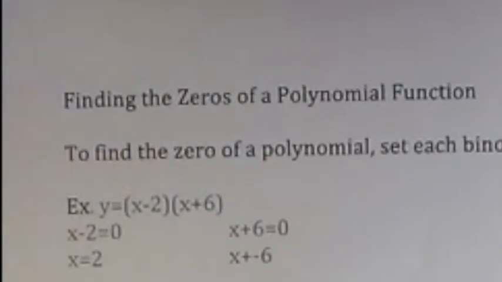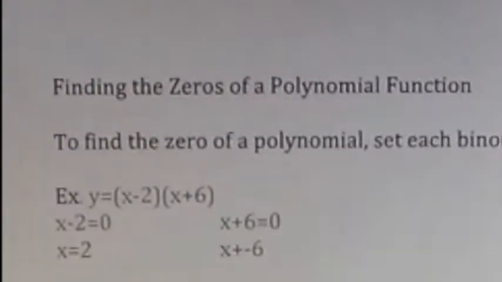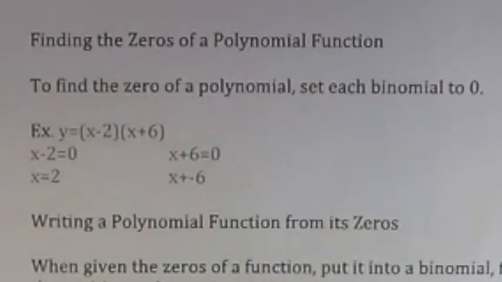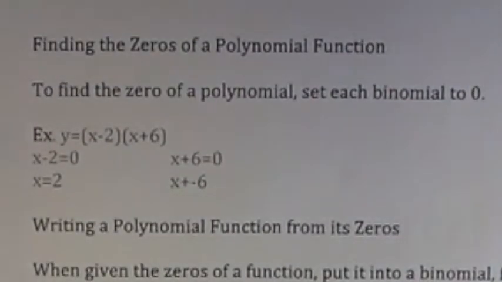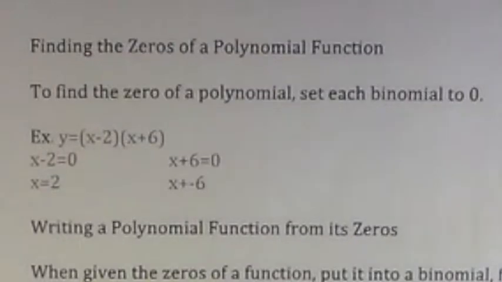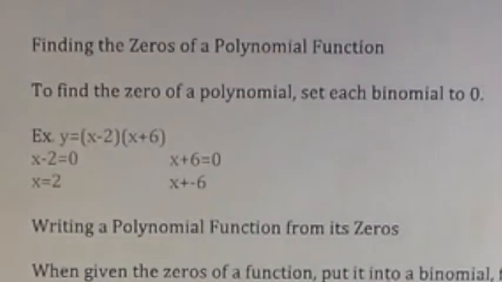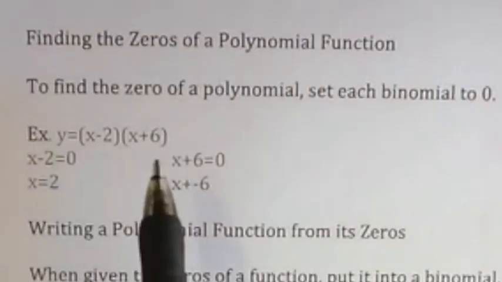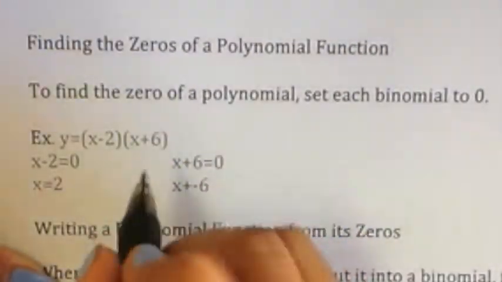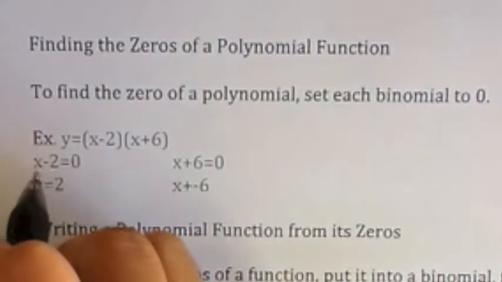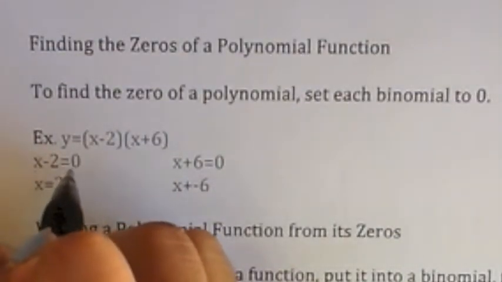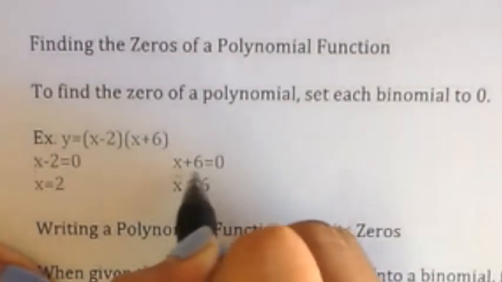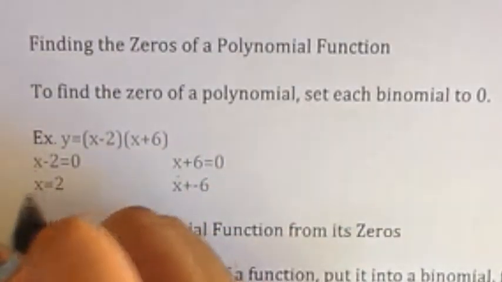So next is finding zeros in a polynomial function. So to find the zero of a polynomial function, you need to set each binomial to 0. So for example, if you have y equals x minus 2 times x plus 6, you would set x minus 2 equals 0, x plus 6 equals 0, and then you solve for x.